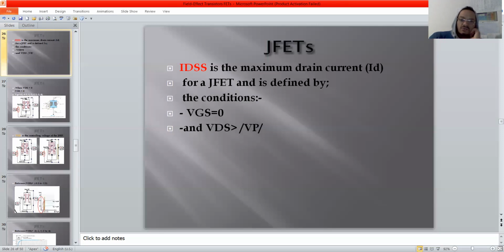What is the difference between MOSFET and junction field effect transistor? After we finished the MOSFET field effect transistor, and in previous slides we understood the junction field effect transistor, let's do some comparison between them and see the difference. MOSFET has higher input resistance and small leakage current.